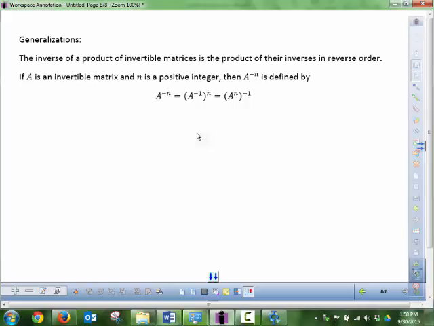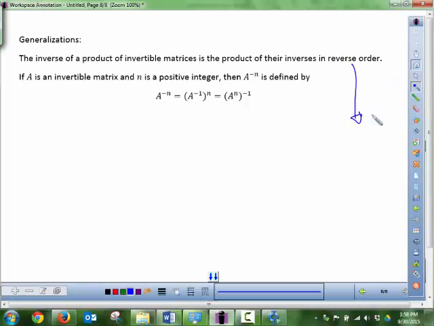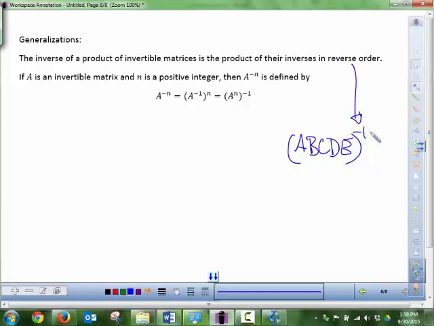This statement over here says that if you have A times B, but if I had more, then the inverse of this whole product is just the product in reverse order.